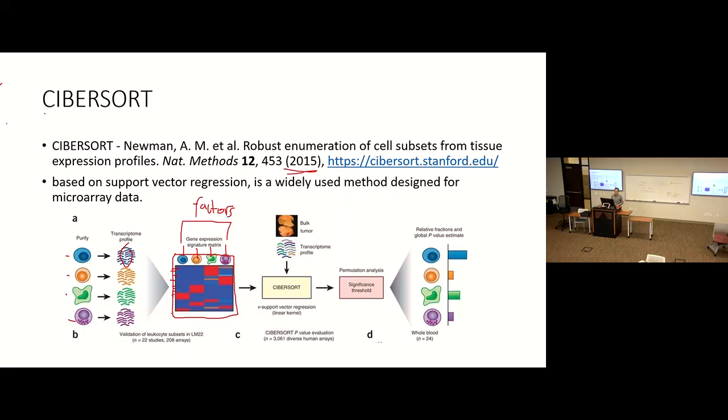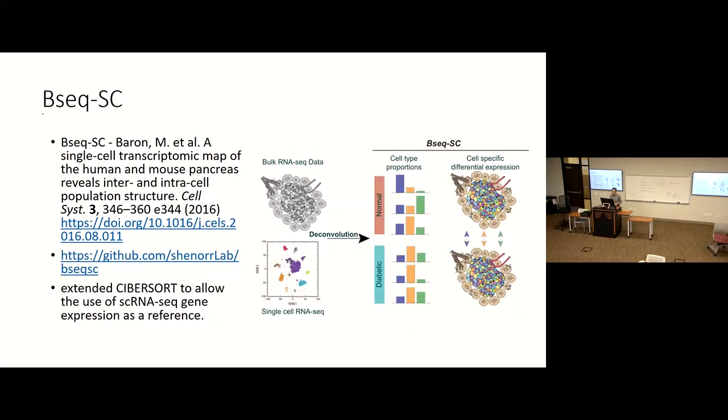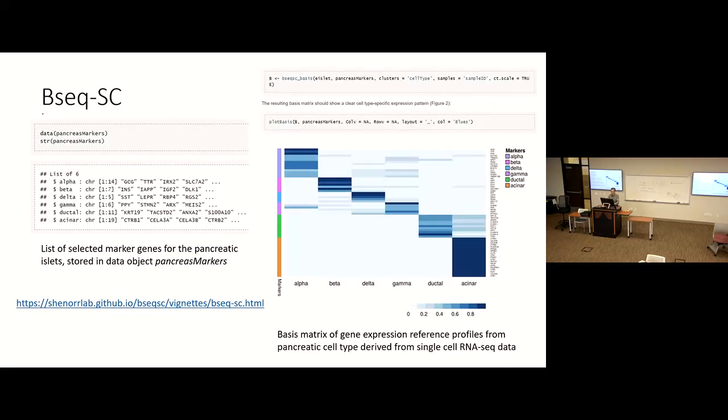So CIBERSORT is one of the earliest implementations of a deconvolution algorithm, and people use it. There are several others with a similar design. This is one of the deconvolution algorithms.